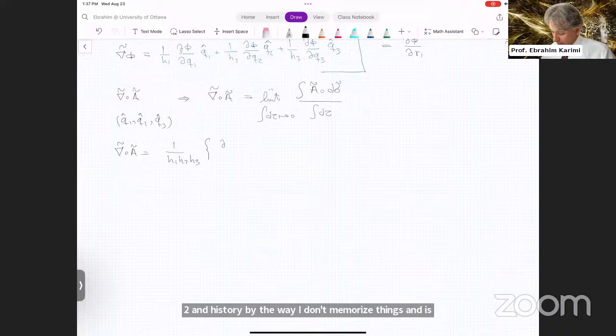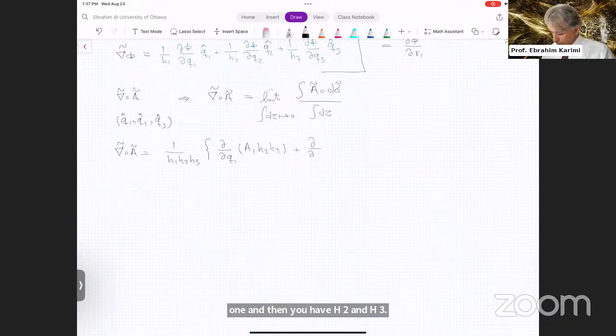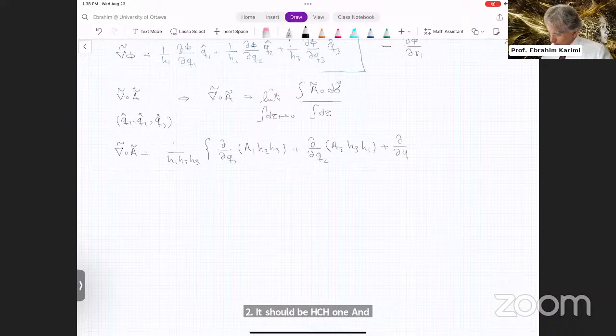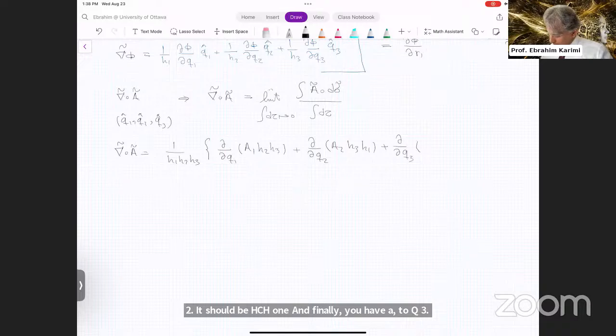So it's a derivative with respect to Q1 of A1, H2, and H3, then a derivative with respect to Q2 of A2, H3, H1, and finally a derivative with respect to Q3 of A3, H1, H2. Okay, so that's the divergence. Remember, that's again a scalar quantity.